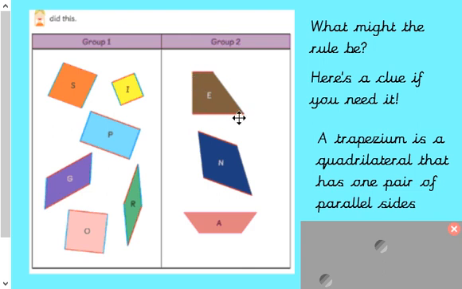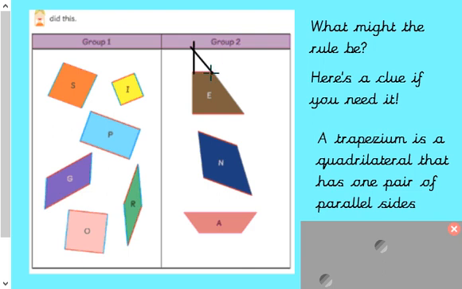These 2 here are not parallel, because if I was to carry these on, let's have a look, if I was to carry these on, they would meet. So it only has 1 pair.